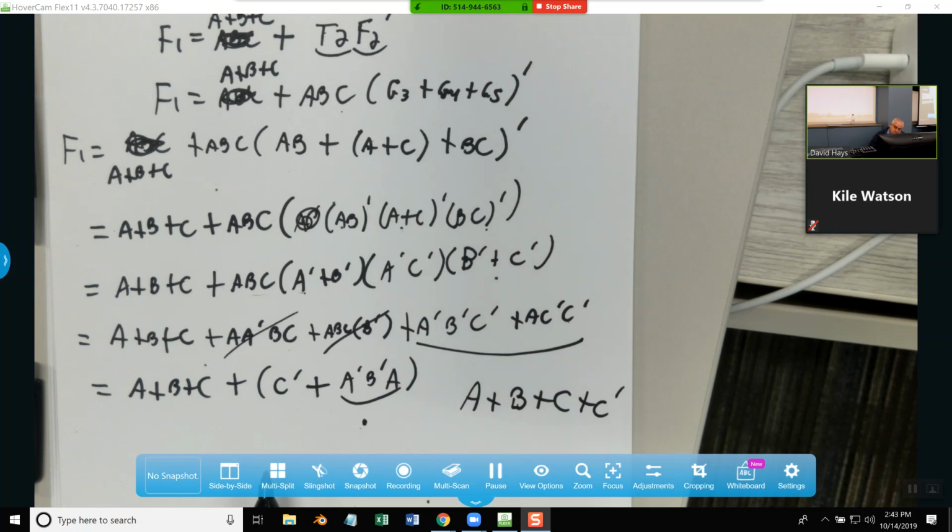I don't have T2 yet. T2 is equal to A and B and C.